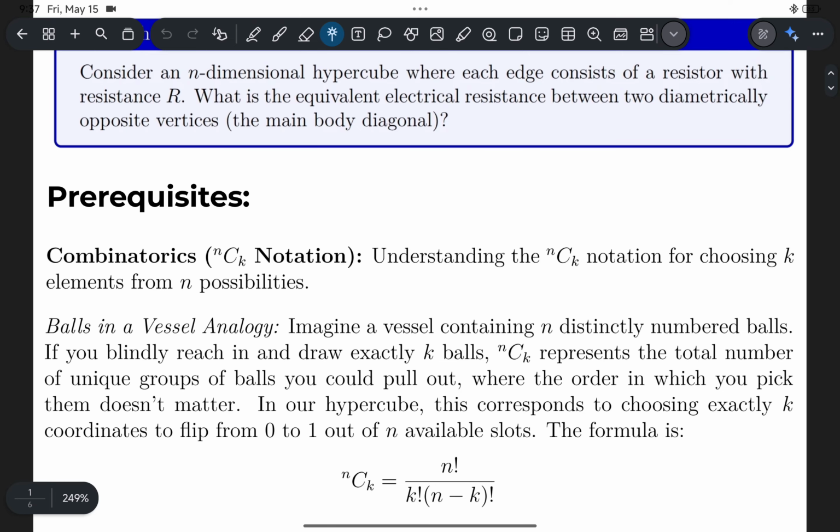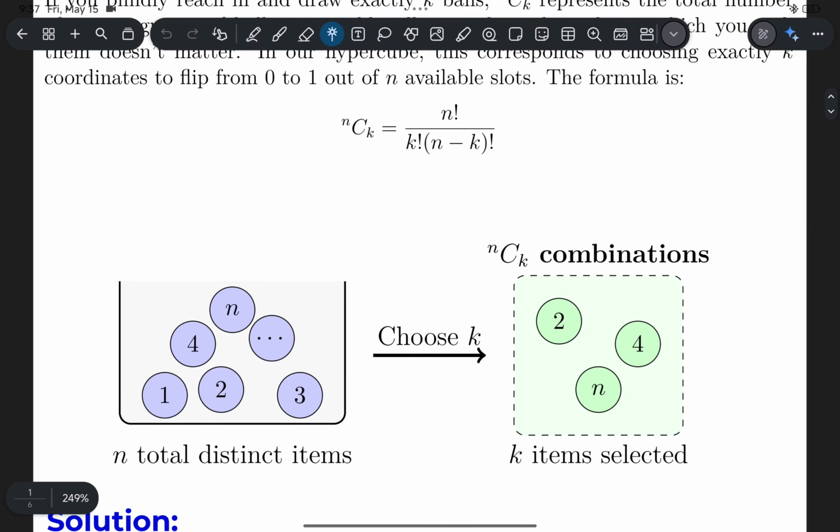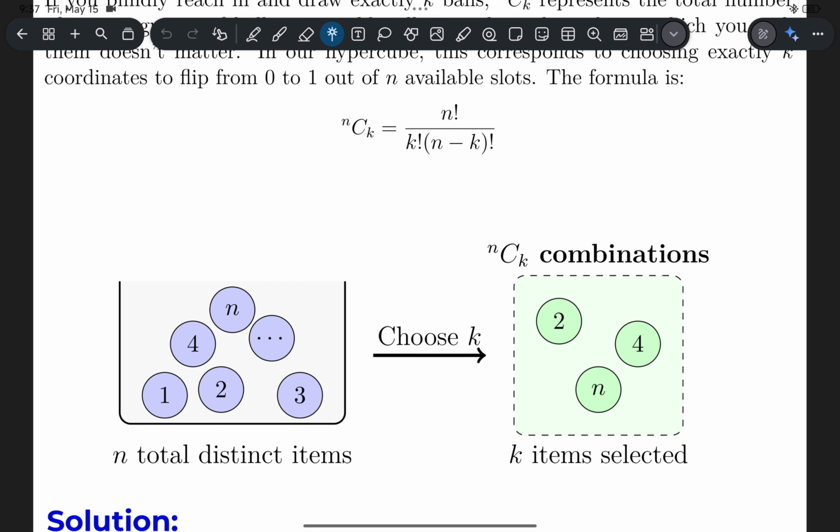Before going to the solution, we have to know some prerequisites from permutations and combinations in math. Very basic one, most of the students will be aware of this, but I'm teaching it one more time. If you have n objects, and you're picking k objects from it without worrying about in what order you're picking, the number of ways you can pick is nCk.